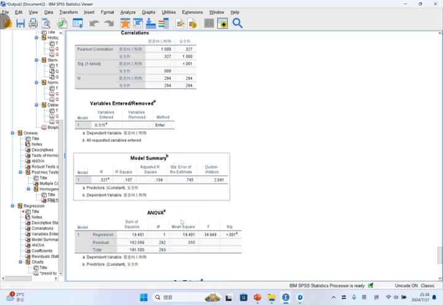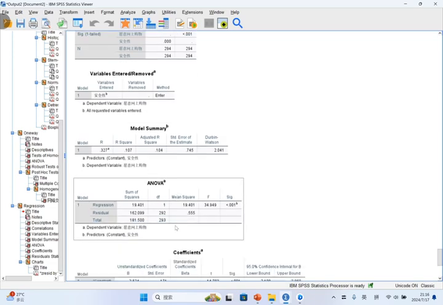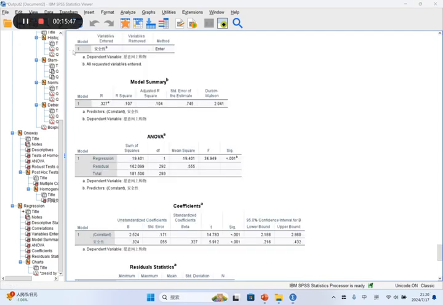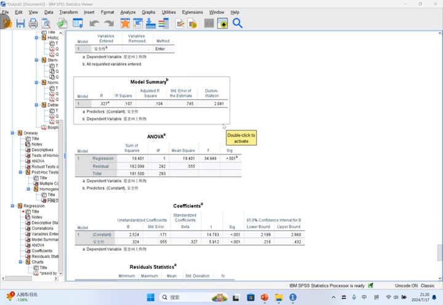Okay, and then by dividing by the degrees of freedom of each of the two items, the F statistic can be obtained, used to test whether the regression model has statistical significance. When the significance of the F test is less than 0.05, the regression equation is considered established.